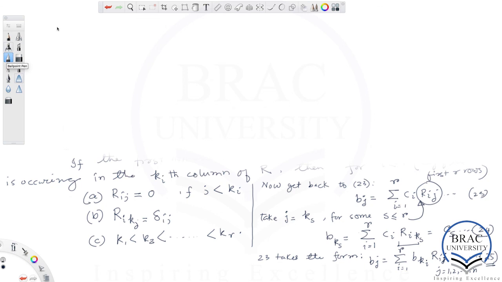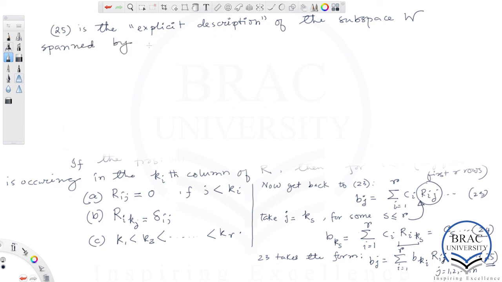Equation 25 is the explicit description that we mentioned in the beginning, in the third question. It is the explicit description of the subspace W spanned by these m vectors alpha 1, alpha 2, all the way up to alpha m.